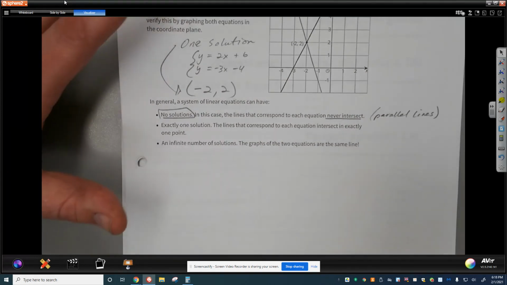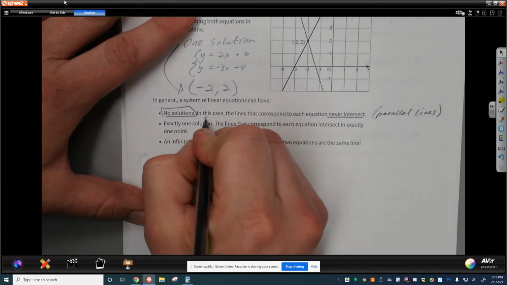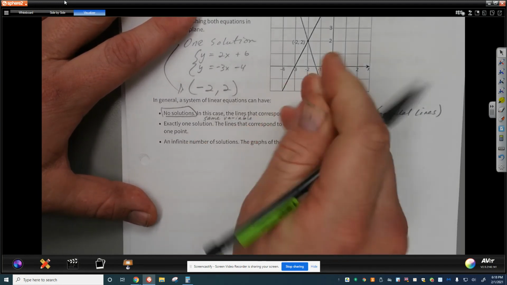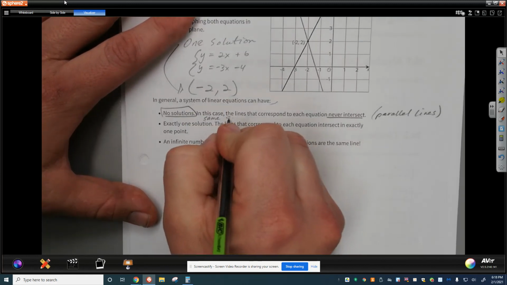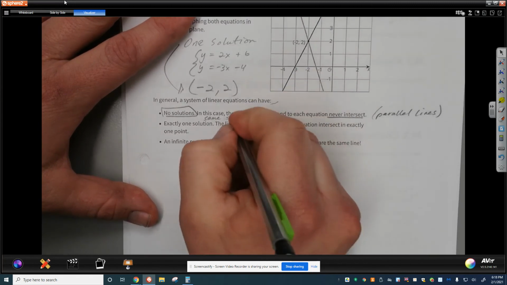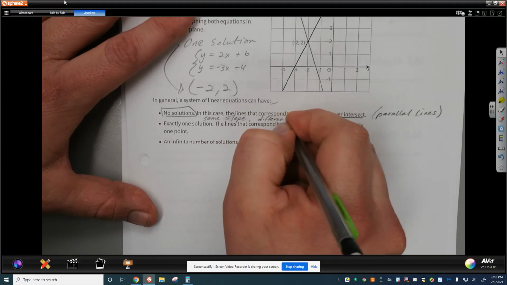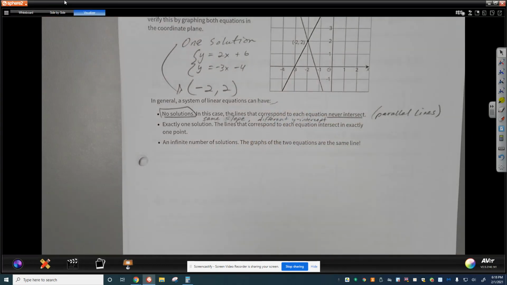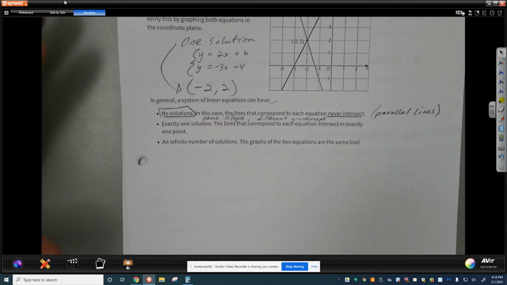And what we would see with this is the same slope, because those variable terms actually mean the same slope, but a different y-intercept. Meaning that it'd be the same coefficient of x, but a different constant.